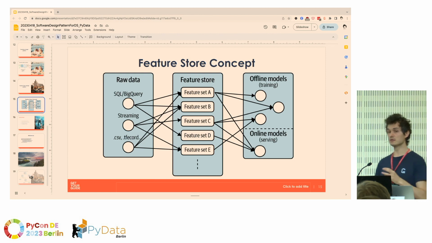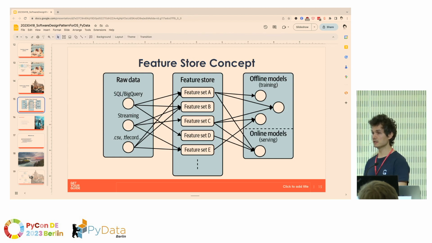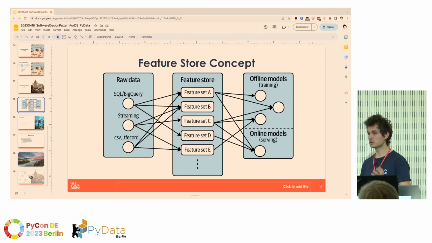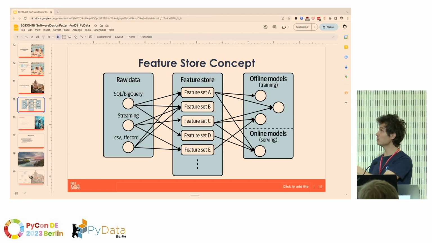This is tricky to do, and a feature store can help you solve this kind of problem very easily. But you should have this problem, basically. And also make sure to always have the last value when you do online inference.